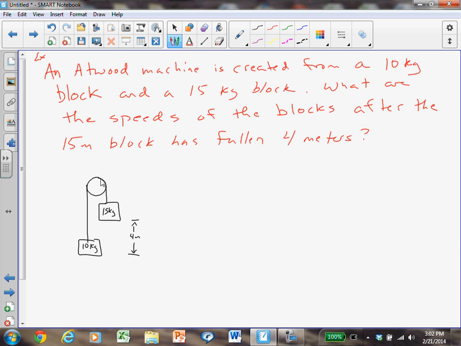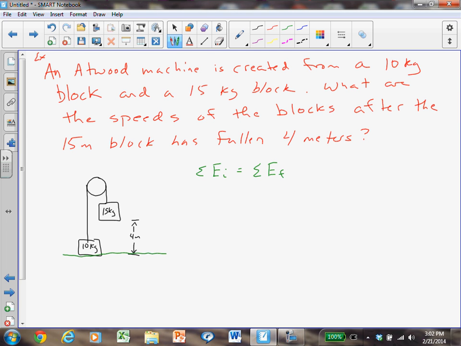Now, the sum of the energies initially equals the sum of the energies final. Now, it's 4 meters up, but we just consider that like level ground, but that the blocks are still moving at that point. So the 10 kilogram block is not up at all initially, and neither of them are moving.